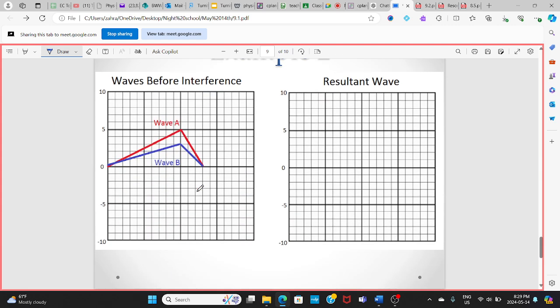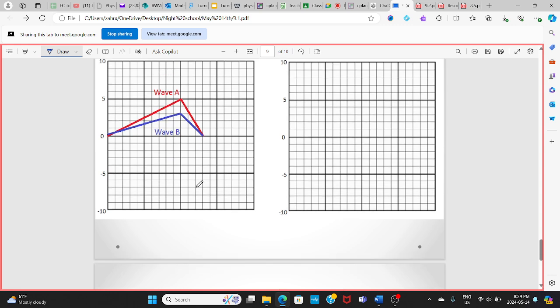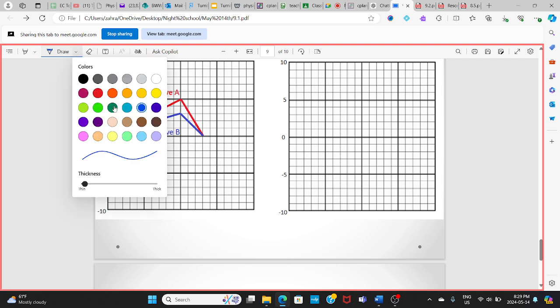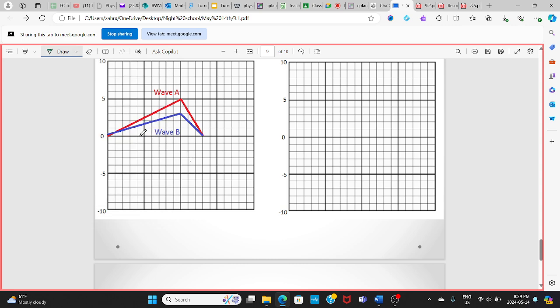This is another example. We have two waves again, wave A in red and wave B in blue. I want to see how they interfere. What I can do is add them point to point. At point 0, both of them are 0, right? So that would be 0.